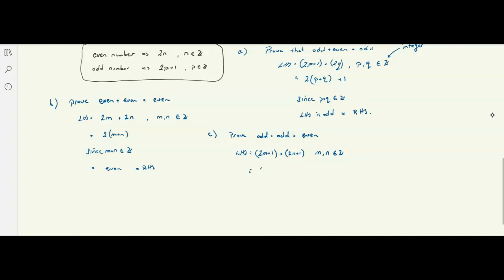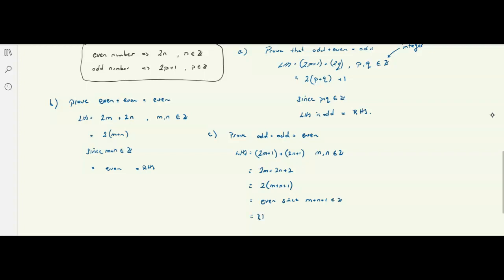This is going to equal 2m plus 2n plus 2, and that's 2(m plus n plus 1), which is an even number since m plus n plus 1 is an integer.